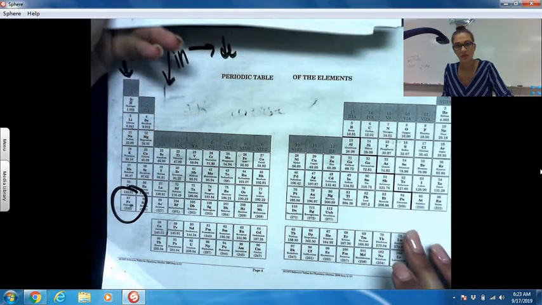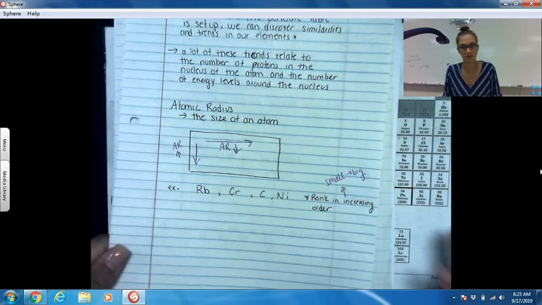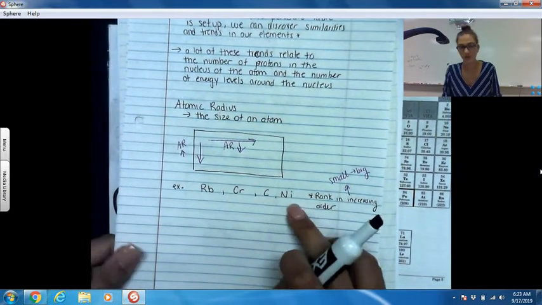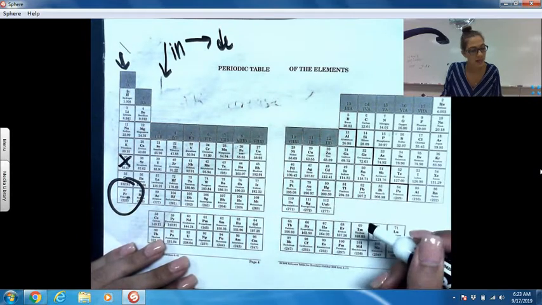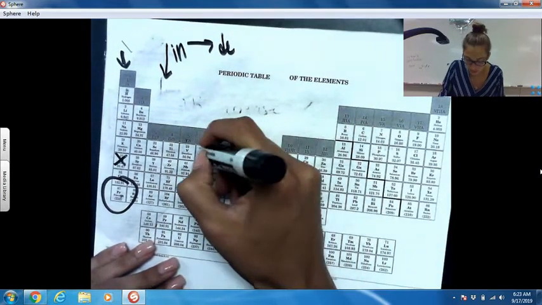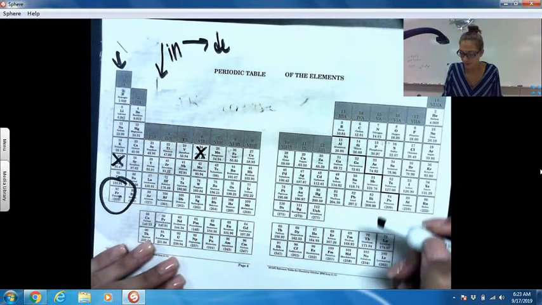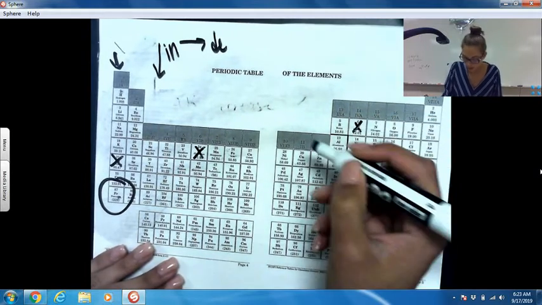So now we have to look at what the question was. We had rubidium, chromium, carbon, and nickel. So what I would do is I would find all those elements. So rubidium is right here, and then chromium is right here, and then carbon is here, and nickel is here.